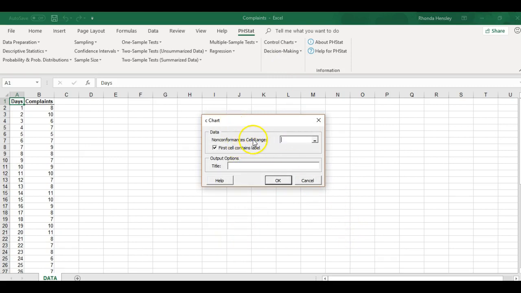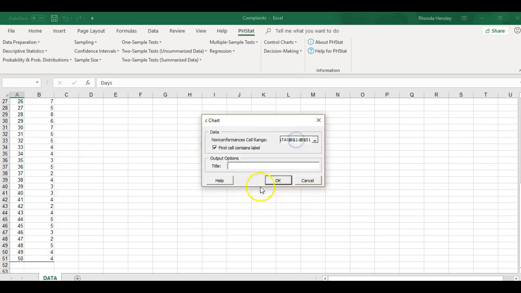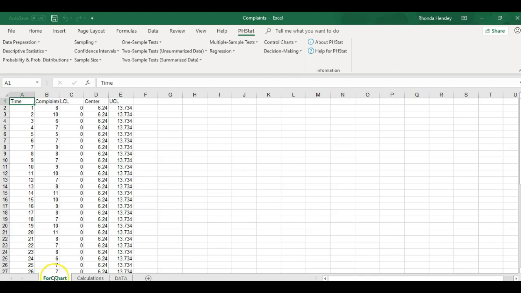So my nonconformances cell range would be the number of complaints. And first cell contains a label, and I say, okay, and weird things happen. First of all, it tells me there's an unexpected error encountered when I created the chart. Just say okay, don't argue with it, because it gives you your actual calculations.